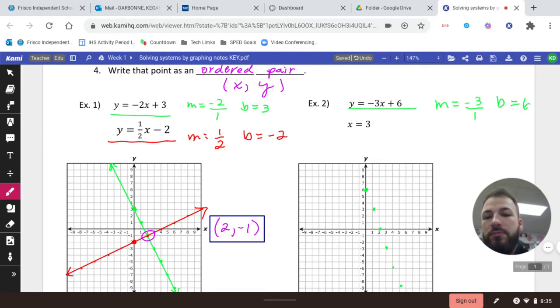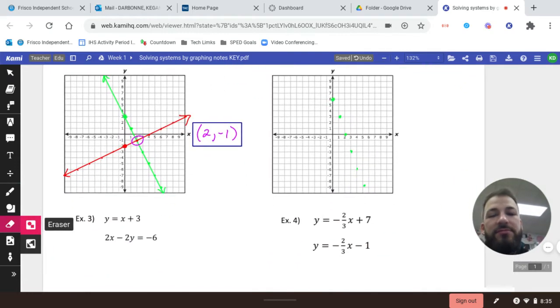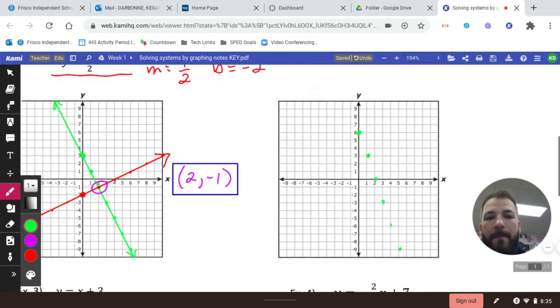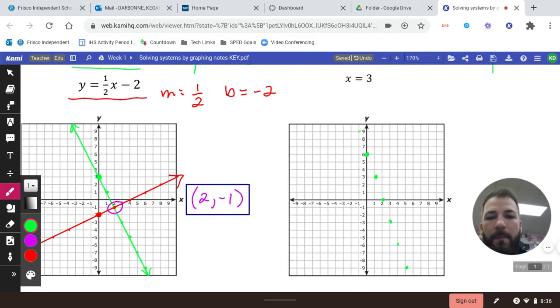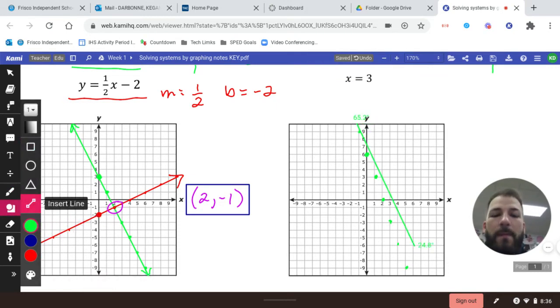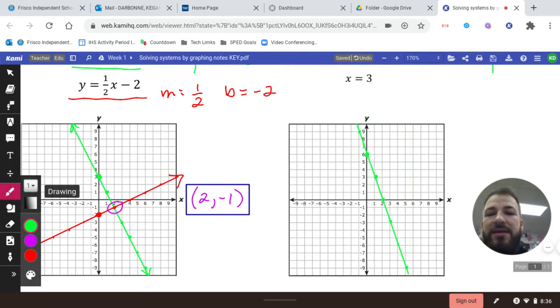Oop, that point's in no man's land. And then we add in all of our stuff, our line, our arrows on the end, and we're good with line 1.